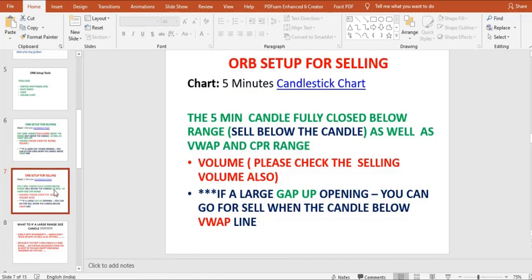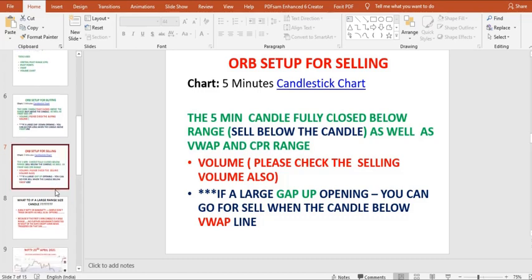Similarly, for ORB selling, I am using the same setup. Only below the CPR can we sell the stocks as well as the indices. If there is a large gap up opening, we can go for a sell when the candle is below the VWAP line.